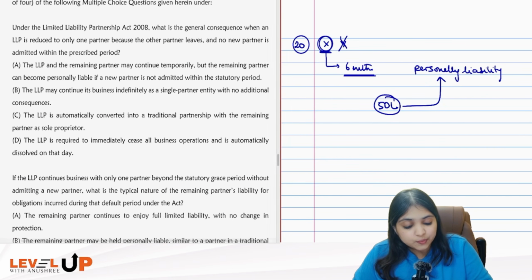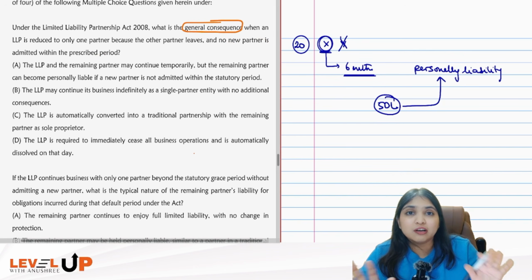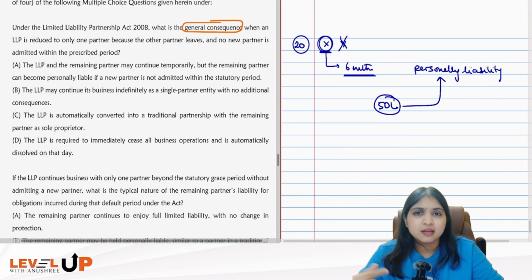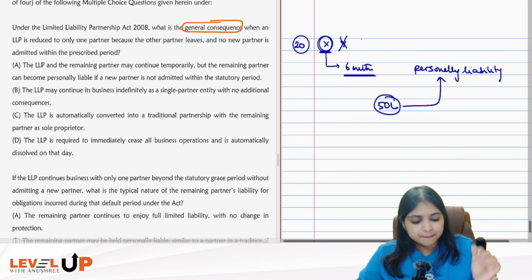They're asking the first question over here. Under the LLP Act 2008, what is a general consequence when an LLP is reduced to only one partner because the other partner leaves and no new partner is admitted? So what is the general consequence when we have only one partner? In that case, you will give the LLP 6 months time to bring one more partner. If they don't, then the existing partner will become personally liable.